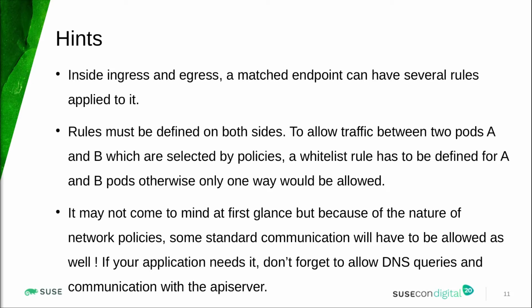But the first time I started to play with network policies, I was allowing some traffic and I was wondering why I could not resolve any DNS anymore, because this is something that you take for granted when you have a Kubernetes cluster. You can always request DNS or you can always communicate with the API server. So just keep in mind this traffic has to be specifically allowed as well.